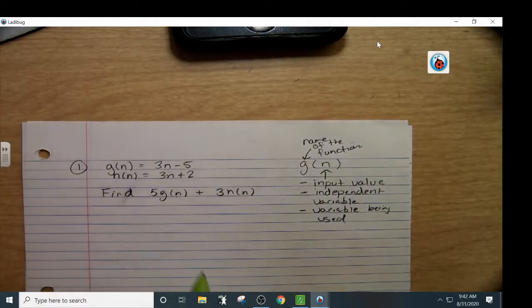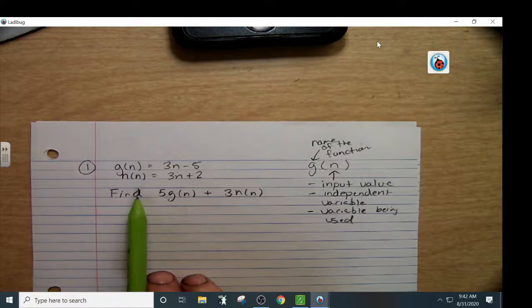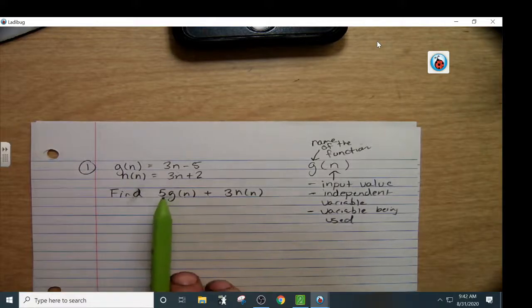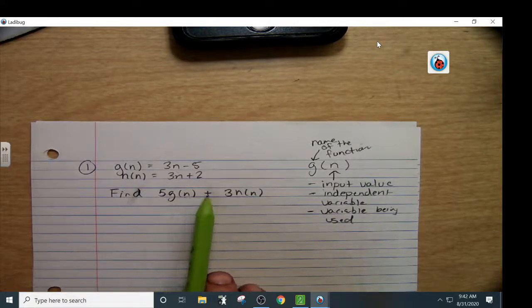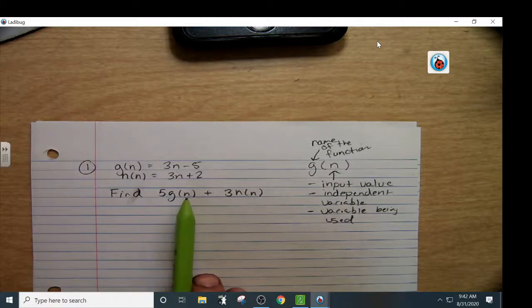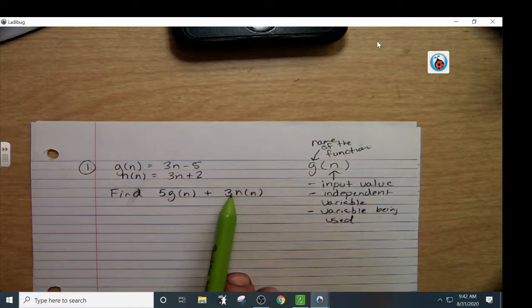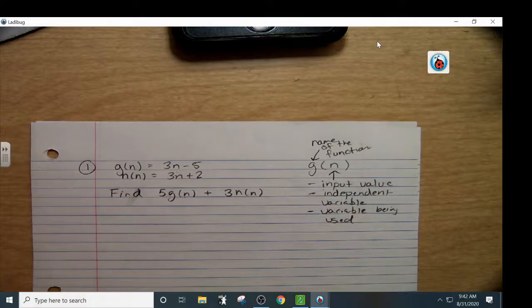All right. So now, what it wants you to do is find 5 times g of n, and it wants you to input n, plus 3 times h of n. So what it wants you to do is complete an operation on these two functions. That's where you get operations of functions.